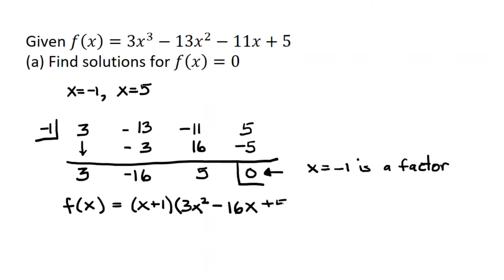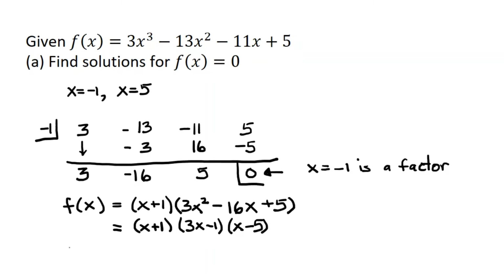I can either factor that or use the quadratic formula, but I can see how to factor it, so to save time I'll just tell you the factorization. If you get stuck, you can always use the quadratic formula. So this becomes 3x minus 1 multiplied by x minus 5. Hey, and x equals 5 was the other factor that I thought.